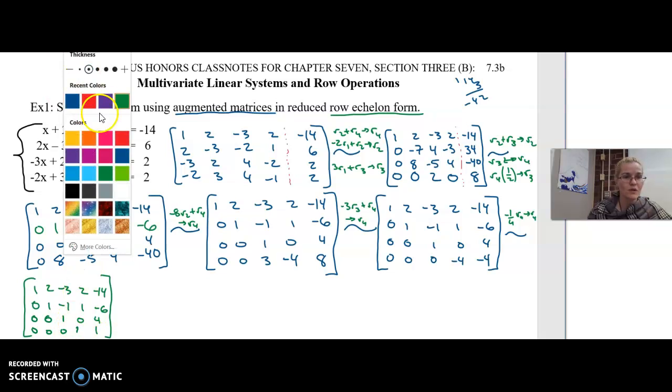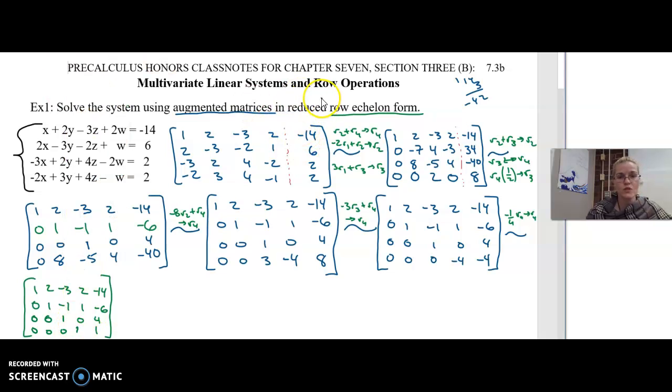So now I'm going to want to put it into the reduced row echelon form, which means I'm going to basically back substitute, but using row operations. So in this case, first I'm going to try to zero out this 1 and this 2. So I'm going to multiply row 4 by negative 1. So negative row 4 plus row 2, and I'm going to put that back into row 2 to put a 0 there.